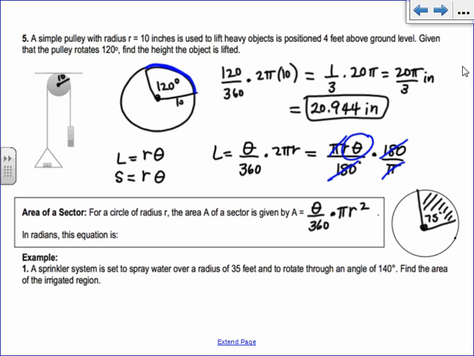So let's do the same thing here. So we had theta over 360 times pi r squared. Then if we multiply, think about clearing the pi. That's kind of the key. We want to put pi and 180 like that, so things would cancel. We get a 2 there.